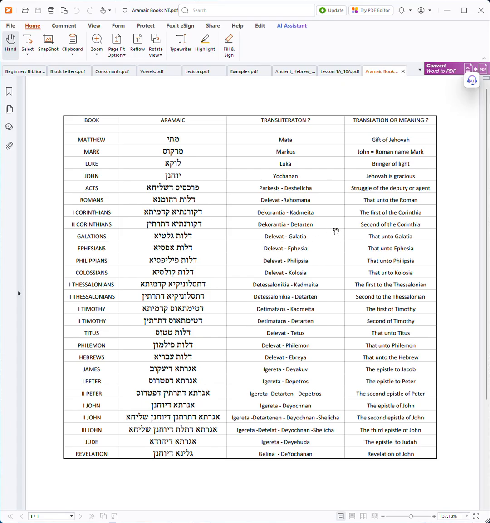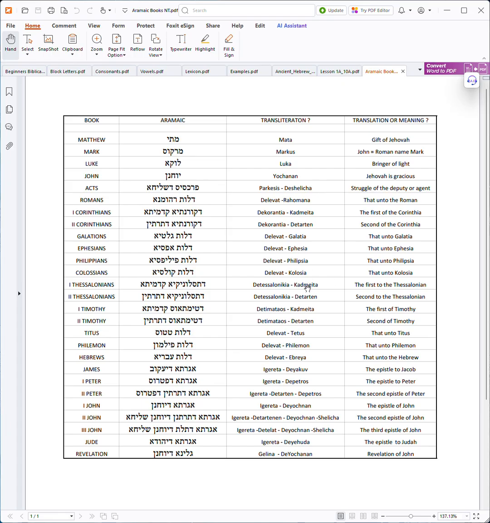And this second of Corinthians, here's Galatia, and that unto Galatia. So this is "that unto," and there's Galatia, that unto Ephesians, and that unto Philippians, and that unto Colossians.